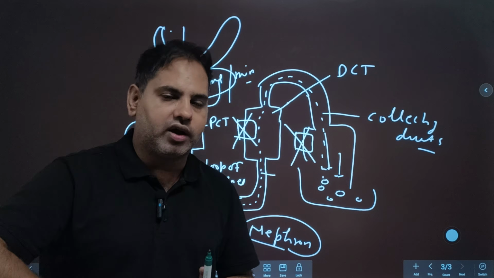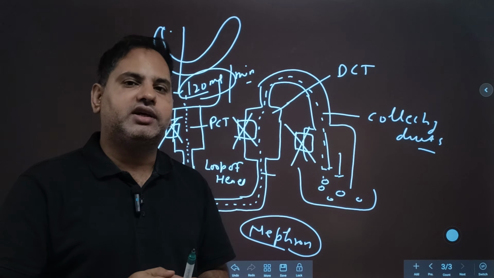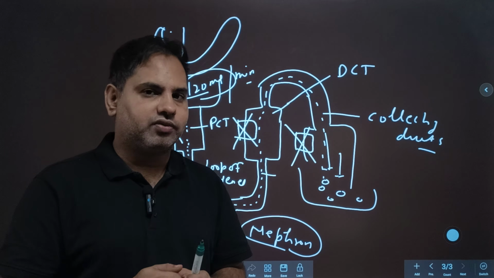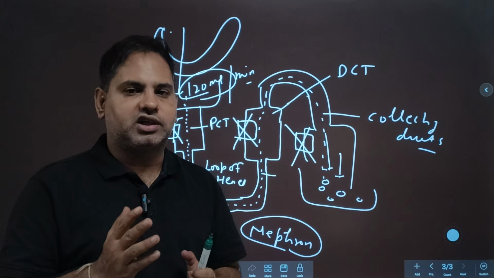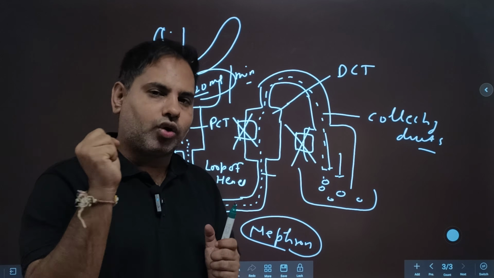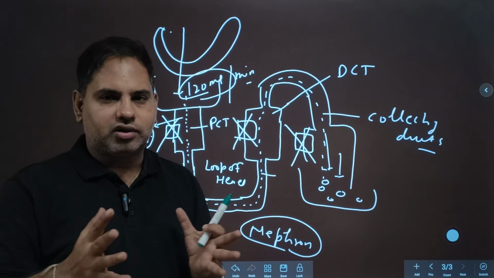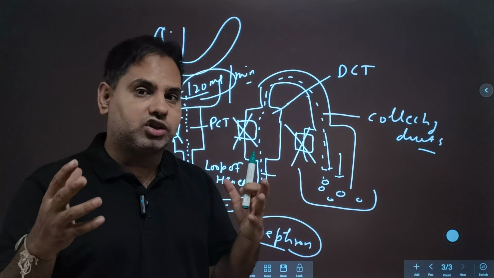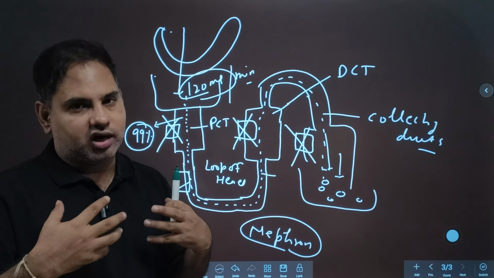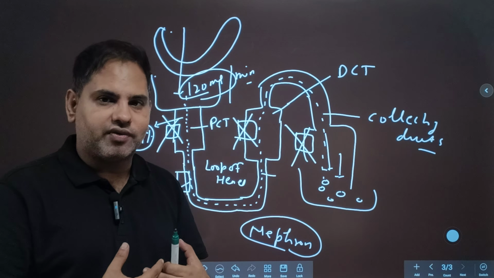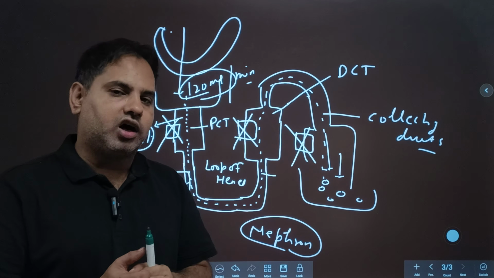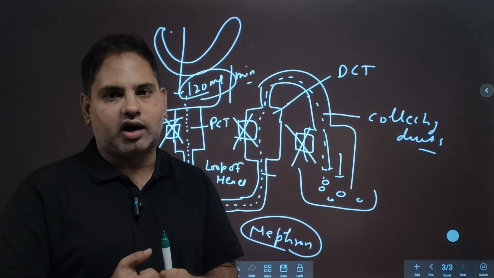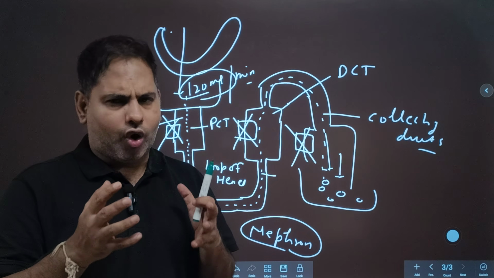That's why I said diuretics are useful for CHF patients, congestive heart failure patients. If you remember, we talked about CHF. In congestive heart failure, the ventricles are not contracting properly, so preload and afterload are increased, right? Preload is the load created by the blood in the ventricles. Afterload is the load on the heart created by the blood when the ventricles are contracting.